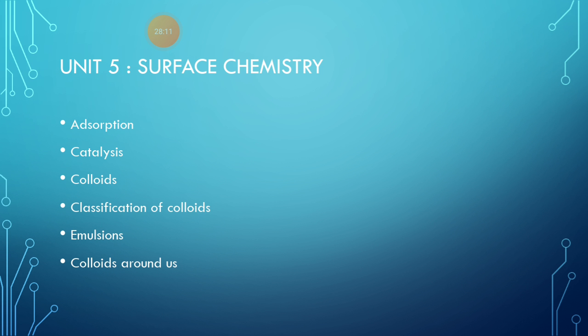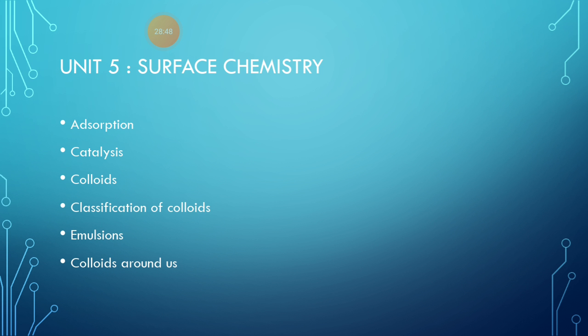So we are going to learn about adsorption, physical adsorption and chemical adsorption, then the difference between physical and chemical adsorption, catalysis, homogeneous and heterogeneous catalysis. Then we are going to learn about colloids, the classification of colloids, the preparation of different types of colloids, and the purification of colloids, then emulsions, and the colloids around us, what kind of colloids are present around us.